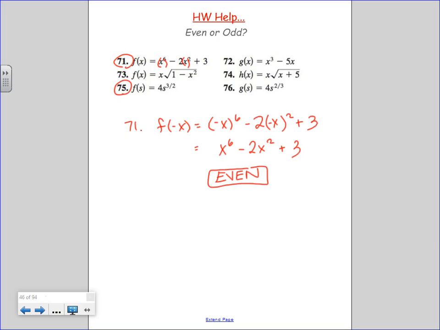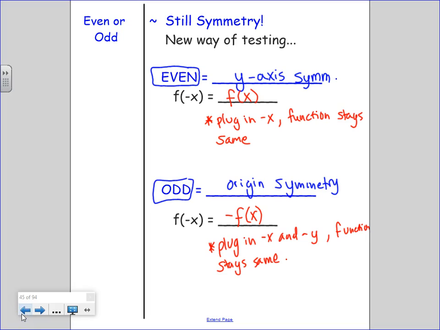Kristen: Sorry, I'm just confused. Why are we doing negative x? Page 4. The clue was test with a negative x and see if it simplifies to be the same as without negative x. So our clue on both of them is plug in the negative x. It's technically back from a long time ago when we were plugging in negative x's and negative y's. But since we have functions, we are only plugging in the negative x part.